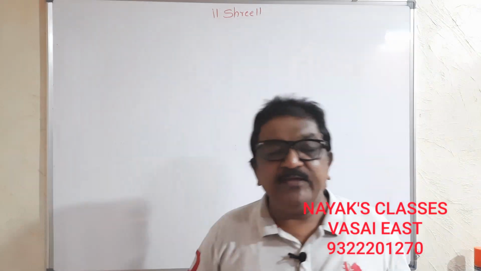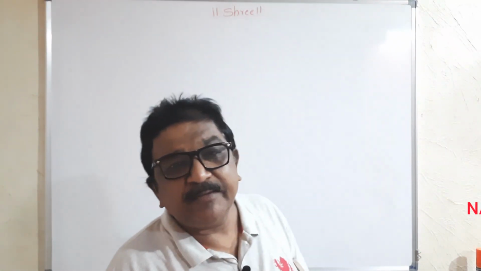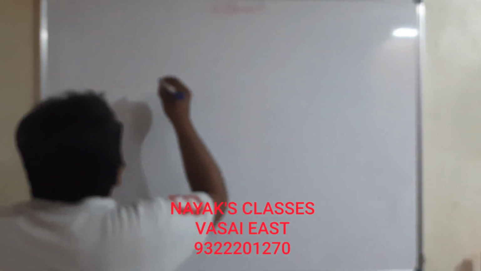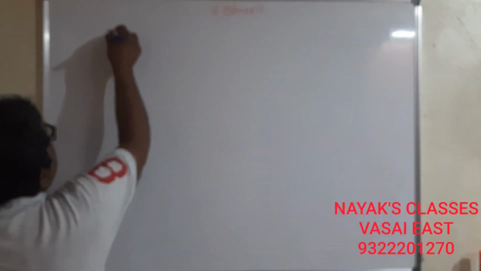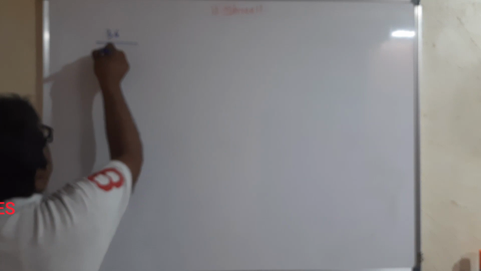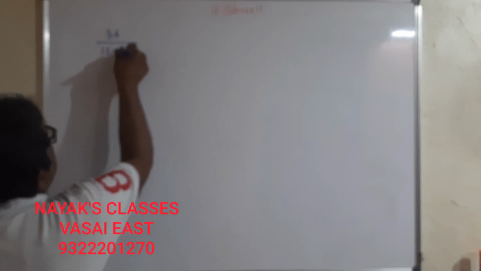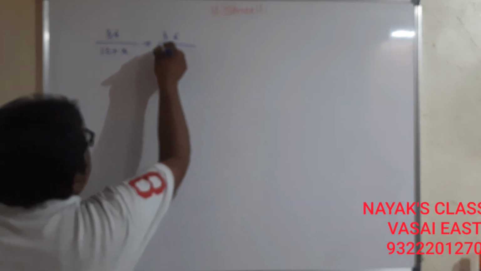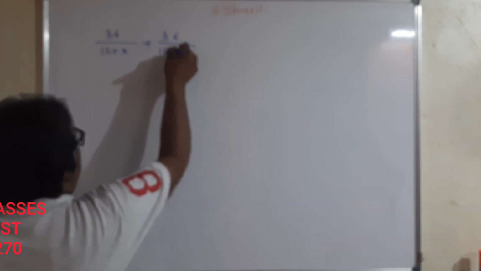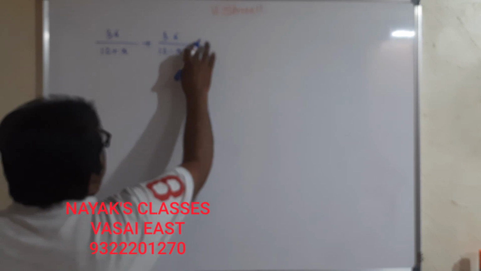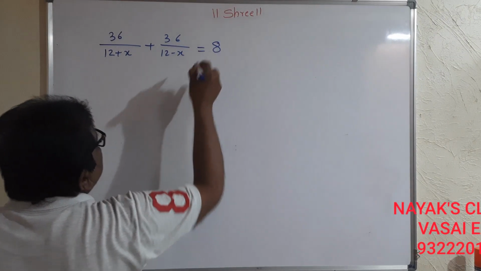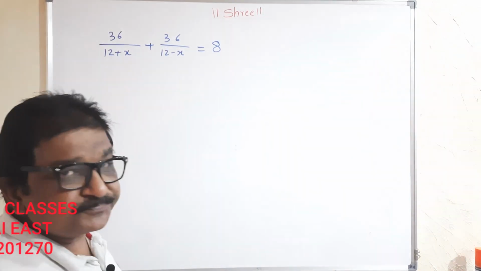So in the previous video, the example was kept at the step: 36 kilometers upon upstream speed plus 36 kilometers upon downstream speed, upstream and downstream, and the total time taken was 8 hours.